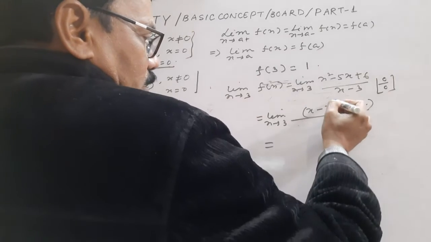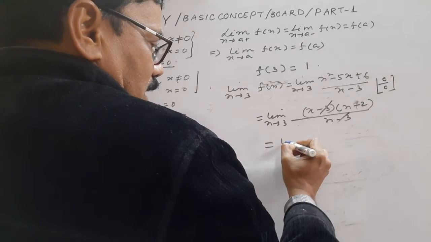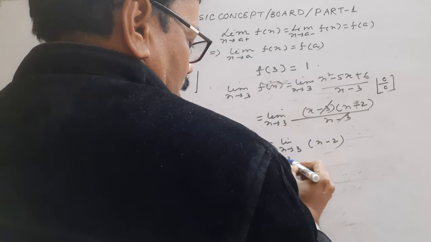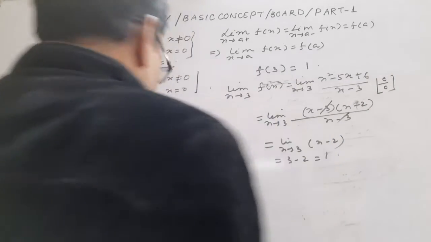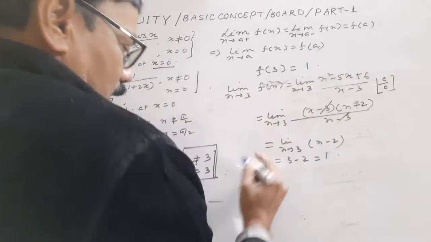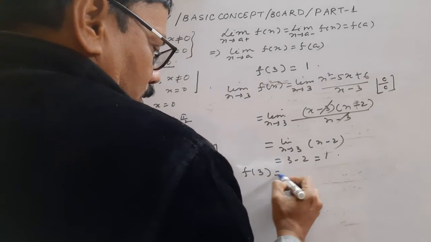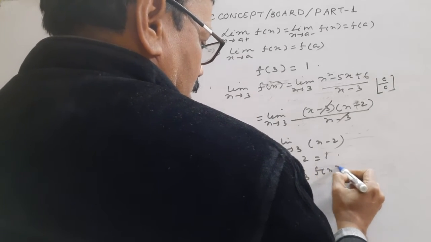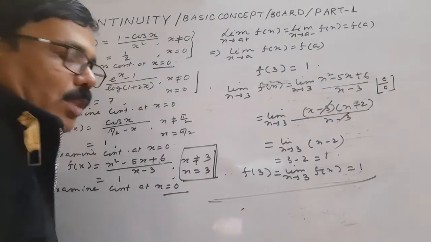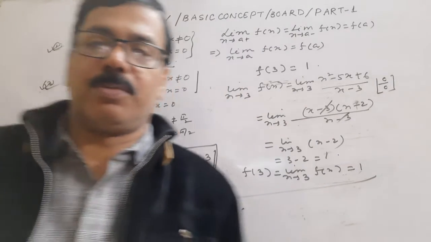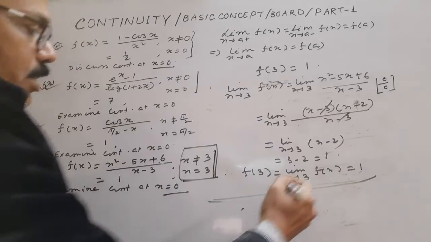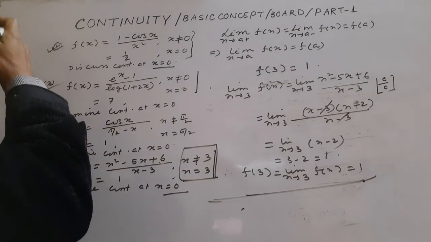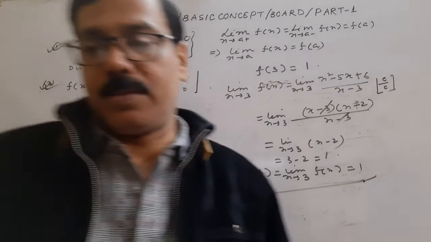So finally, x not equals to 3, so x minus 3 is cancelled out. So x minus 2, so 3 minus 2 equals to 1. So what is f3? f3 equals to 1. So f3 equals to limit x tends to 3 fx equals to 1. So they are the same, therefore fx is continuous at x equals to 3. So these are basic problems.